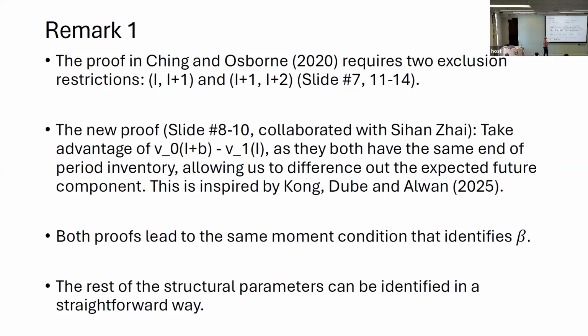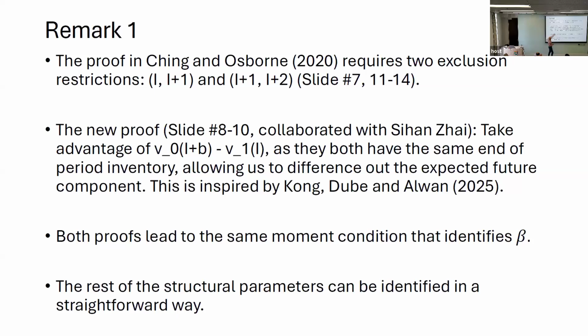So this difference actually cancels the expected future payoffs. In terms of math, it is very helpful. It makes it much easier for us to show that we can get rid of some of the terms that I showed you earlier.